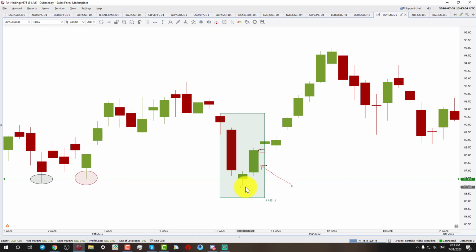Ideally I should keep my stop loss below this candle, but you can also keep the stop loss below the low of this candle to be more aggressive. But I am a very conservative trader, so I will wait for the price to actually go higher and then maybe come back somewhere near this level. But yes, my stop loss will be below this candle, and I also need to see where the previous resistance was.